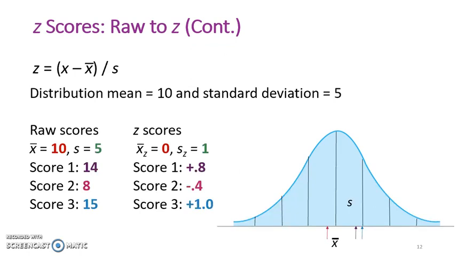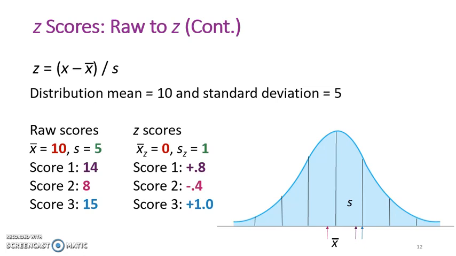Let's visualize what we did when we converted from raw to z-scores. In our original raw distribution, the mean was 10 with a standard deviation of 5. I gave you 3 example scores from that distribution that we converted: 14, 8, and 15.